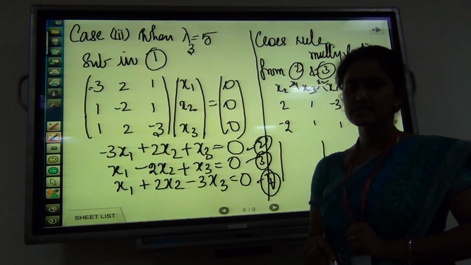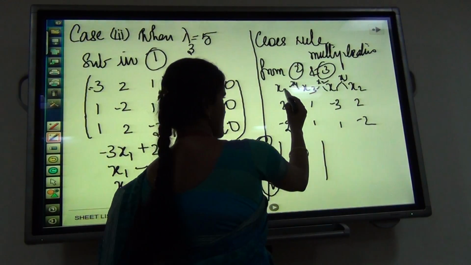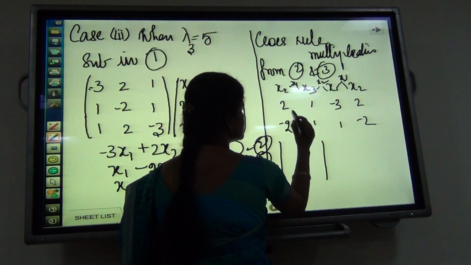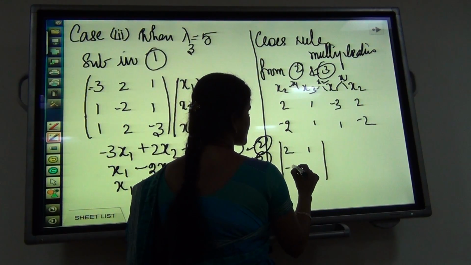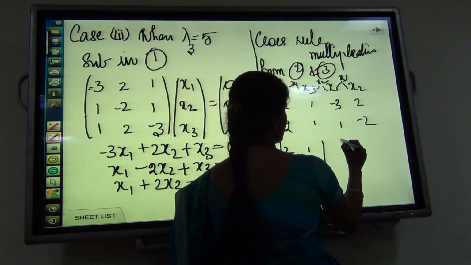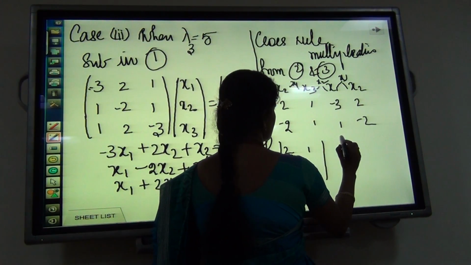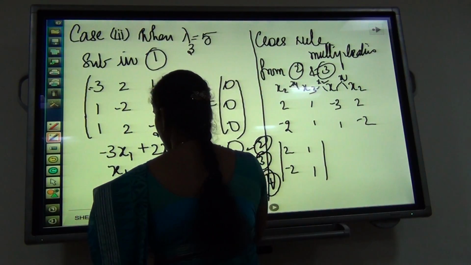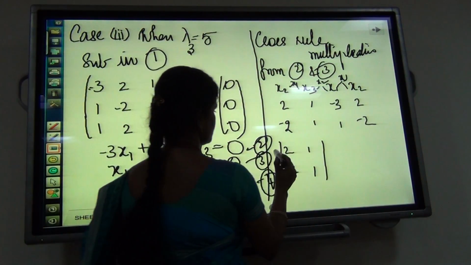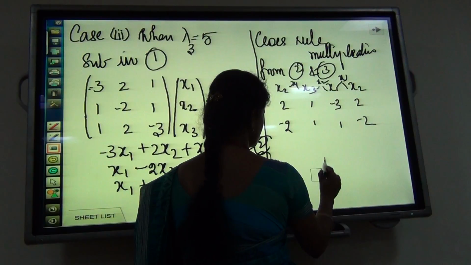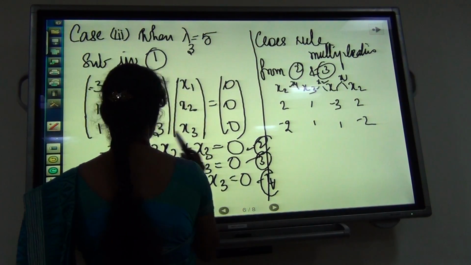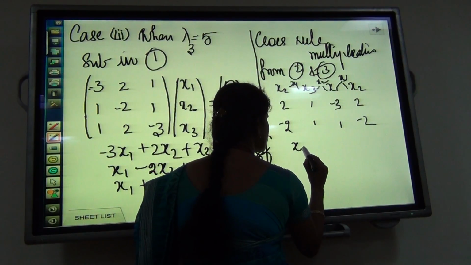So let us find the determinant of this. For x2, x3 it is 2, 1, minus 2, 1, and the determinant of this gives x1.